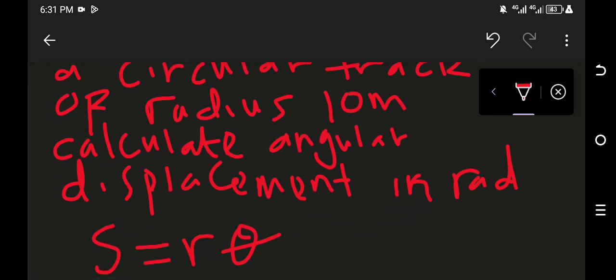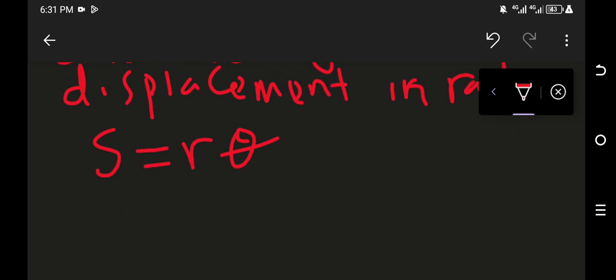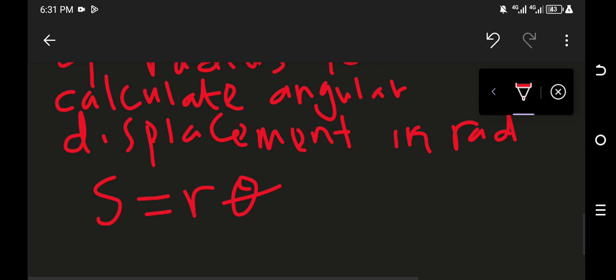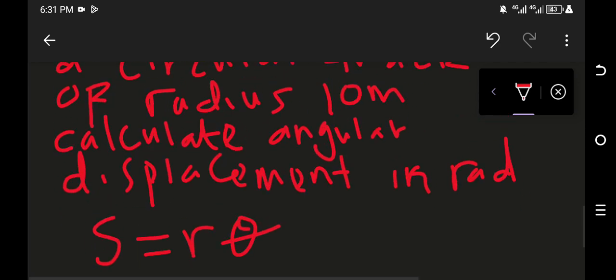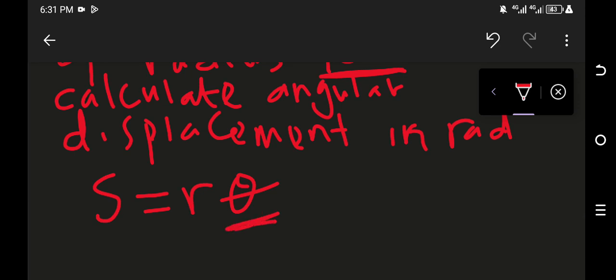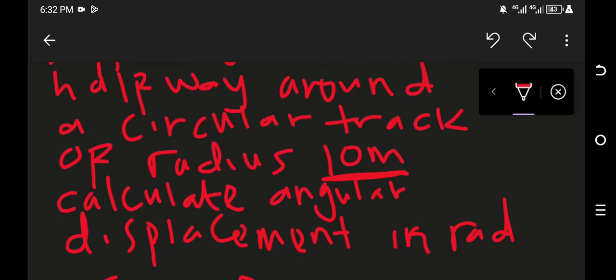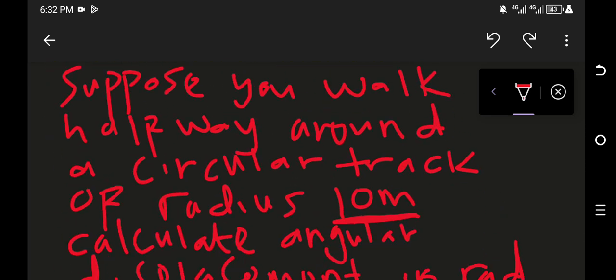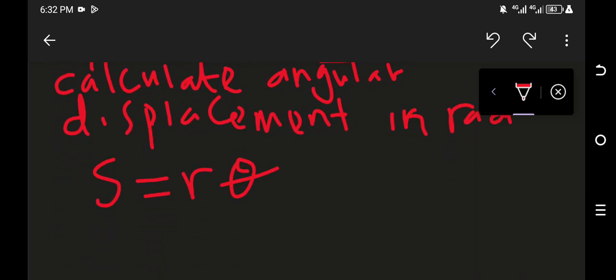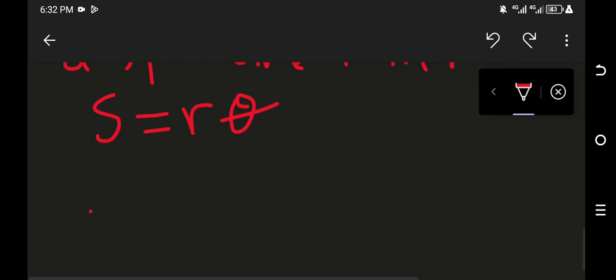Going to the values that have been given, our radius is 10 meters, and our angle needs to be in radians. The key part of this question is halfway. Halfway means half of the circle, and half of the circle we said is pi, if we remember our previous discussion.